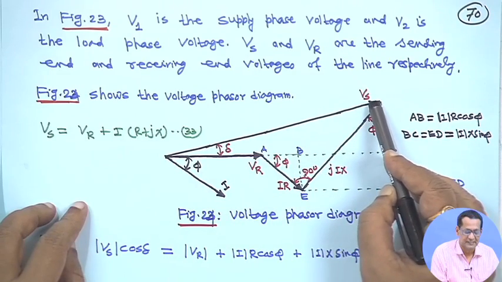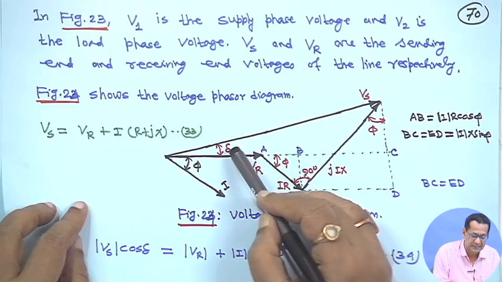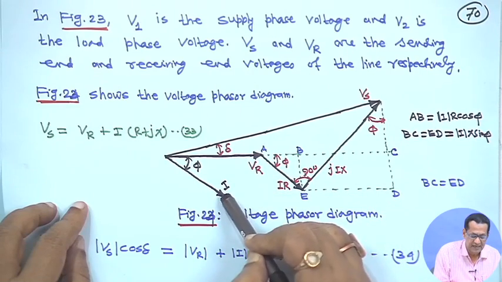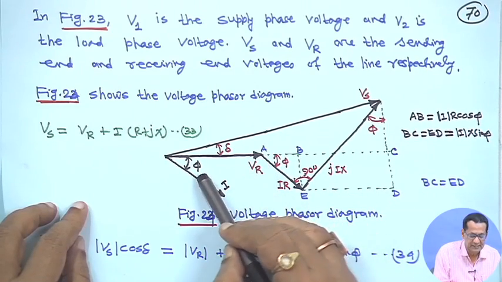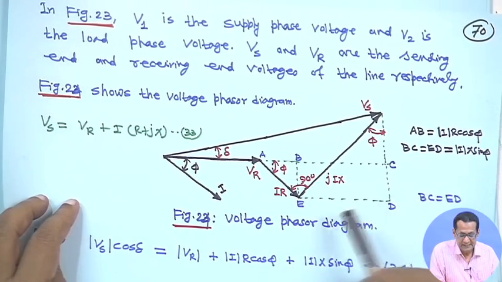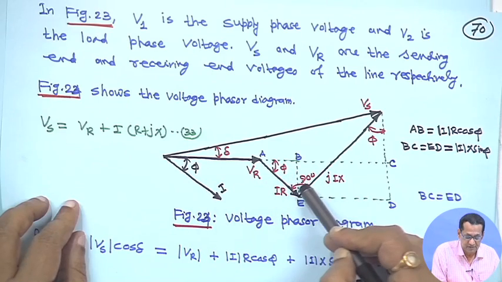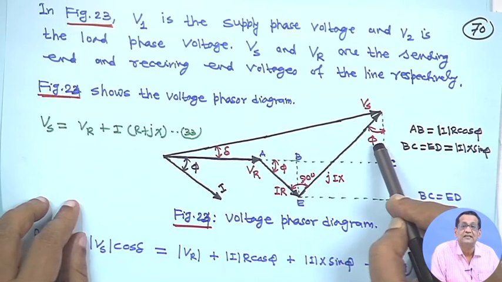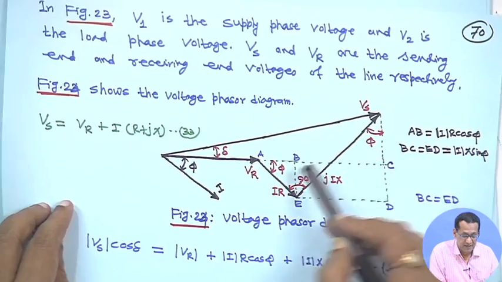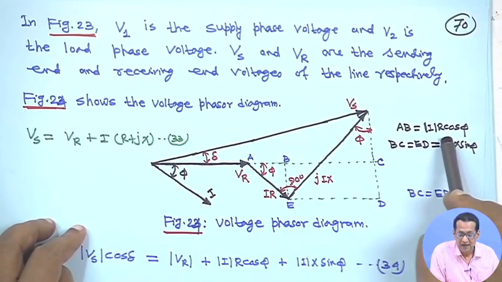This is the sending end voltage, and the angle between the sending end voltage and receiving end voltage is delta, and current I lags the receiving end voltage by an angle phi. This angle is 90 degrees, so this angle is also phi. Therefore, this portion AB is equal to magnitude I R cos phi.